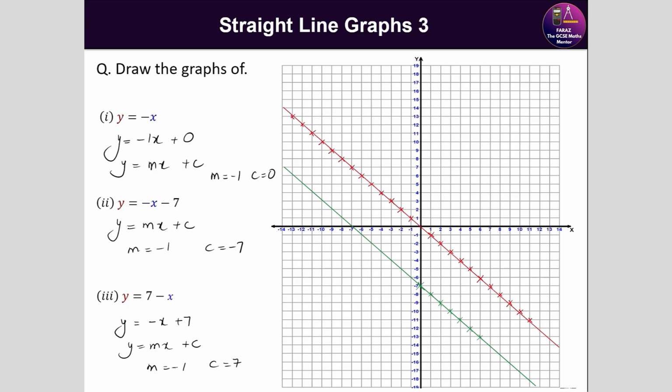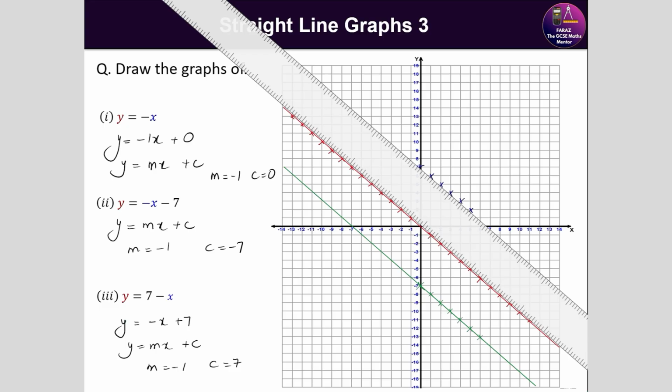So we have to look for 0 comma 7, and from that 0 comma 7 go across 1 down 1, same as before, this way. Now join all the coordinates with the help of a ruler. So join all the points together now.